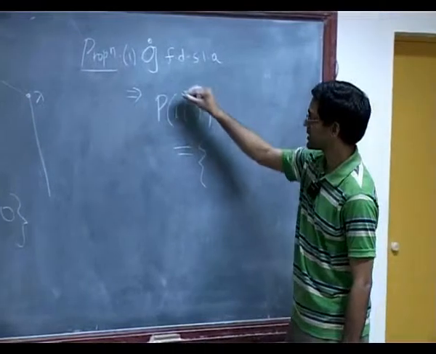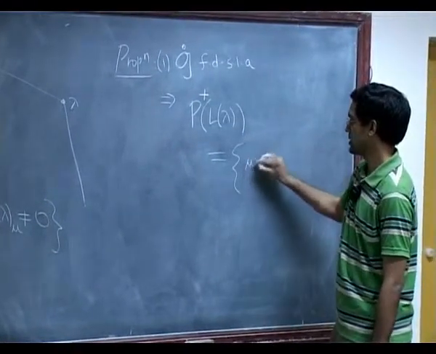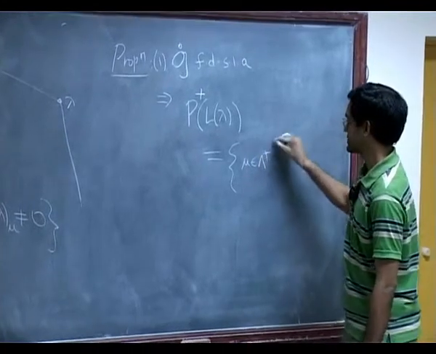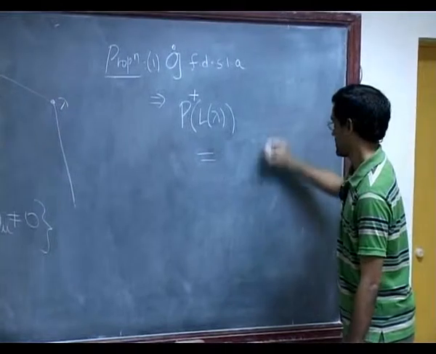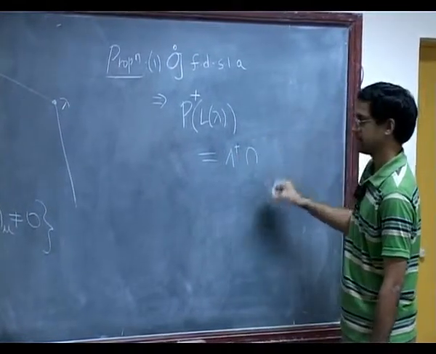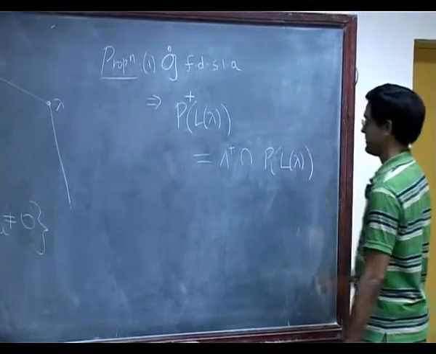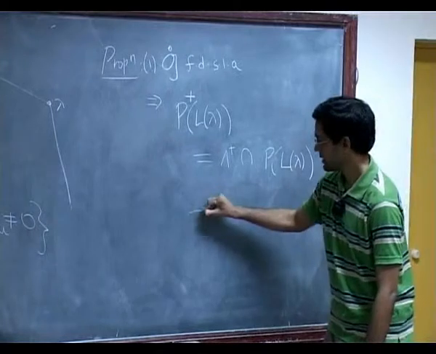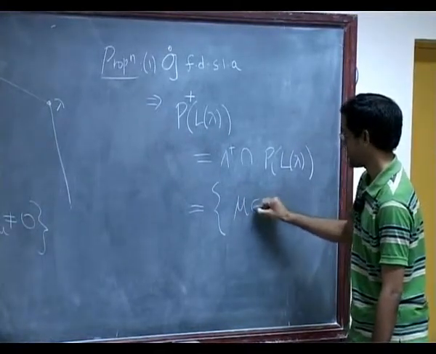So it's really enough to understand what one would call P plus of L lambda, which is only those dominant guys. So P plus is just lambda plus intersected with these weights. And in the finite dimensional case, this is actually very easy to describe.